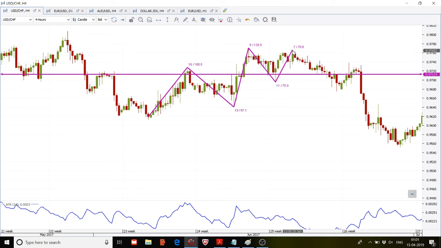So you will notice that wave 5's length is lower than wave 3. Here also we can apply the Elliott wave principle, failed wave, or we can call it a failed wave or a truncated wave.